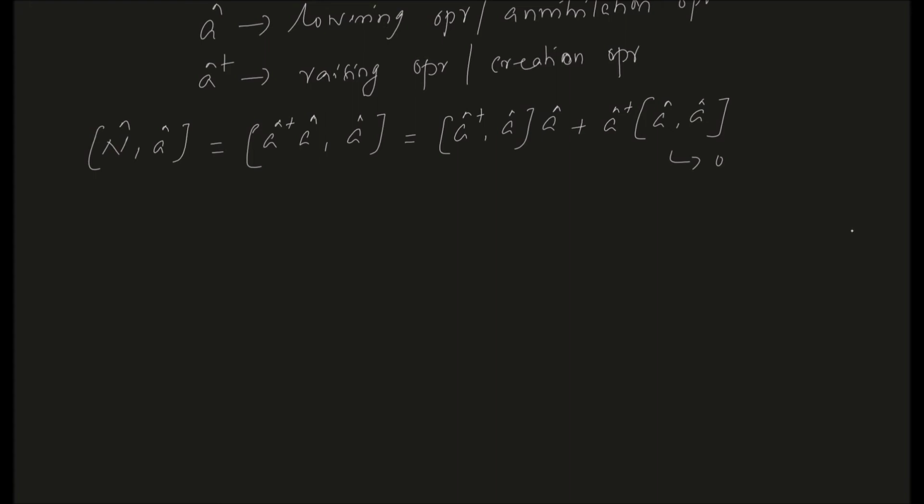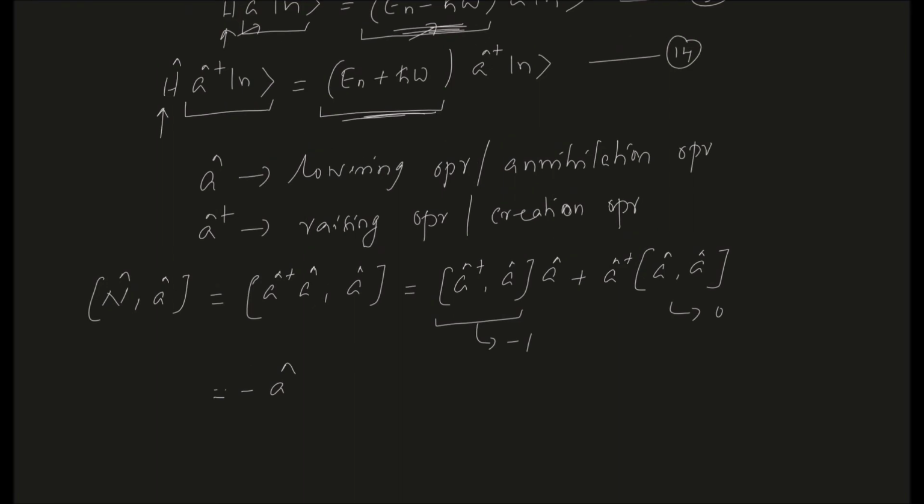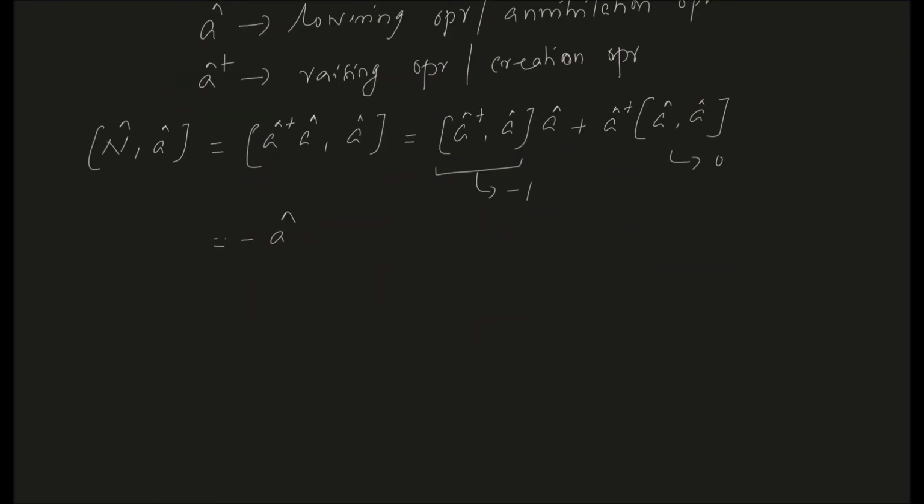Now you can see that [A, A] is equal to 0, and [A dagger, A] we have derived previously, so this is given by -1, right? So you can see that the commutation between N and A is simply minus A. So this is equation 15. Similarly, you can show that the commutation between N and A dagger is equal to A dagger itself. Let's say equation number 16.